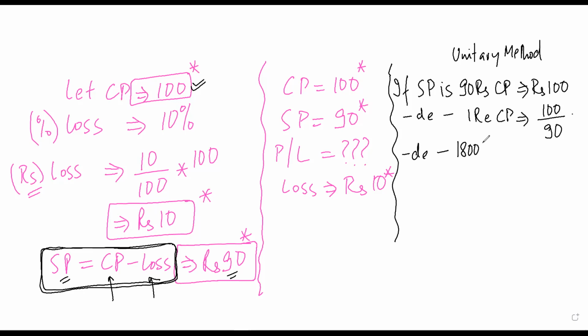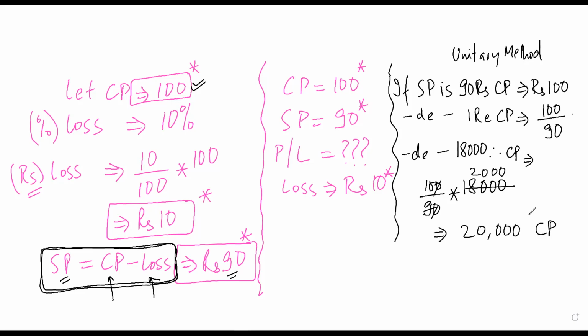Am I correct? Yes, sir. Therefore, the CP would be 100 upon 90 into 18,000. Is it making sense or not? Yes, sir. So the cost price of the laptop is 20,000. Is it making sense?